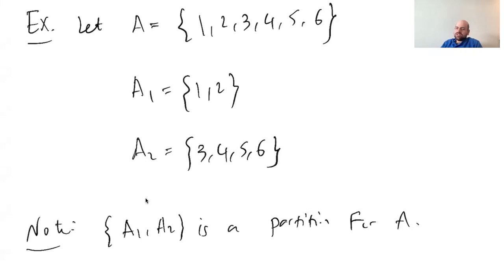What will be the partition for the set? The set of all equivalence classes. Whenever you have an equivalence relation, the set of all equivalence classes will be a partition for your set. Okay, so this is the close relation between the concept of partitions and equivalence relations.